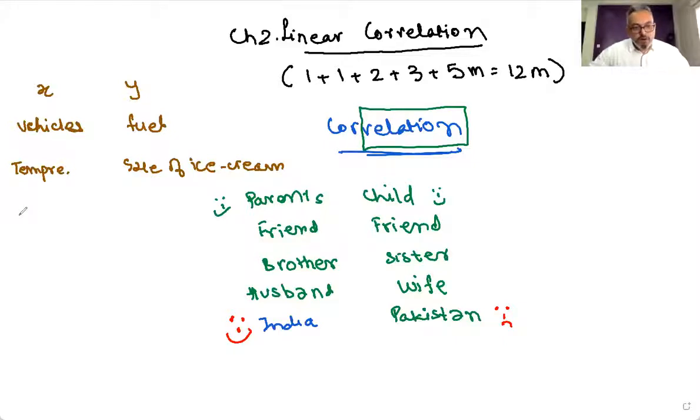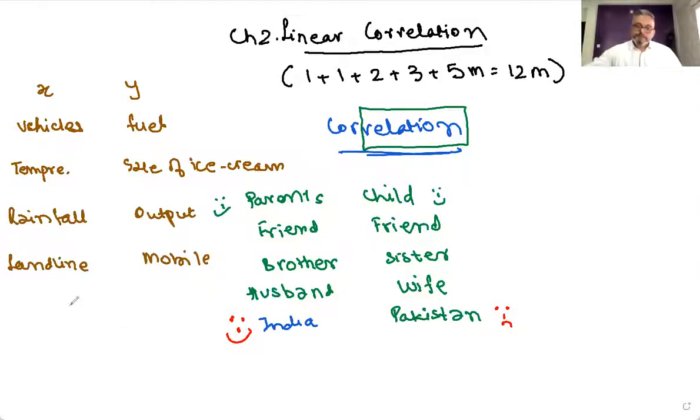We say rainfall and agricultural output. We say landline and mobile phone, sale of landline and sale of mobile phones. We say LCD TVs and LED TVs.